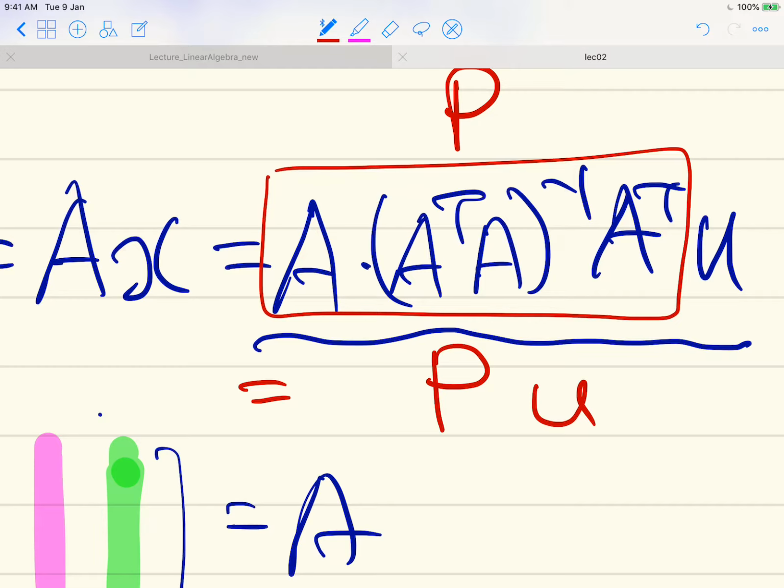And thus our conclusion is that this projection is a kind of intuitive process, not necessarily linear, right? But from this representation, we can conclude that this orthogonal projection is actually a linear transformation.